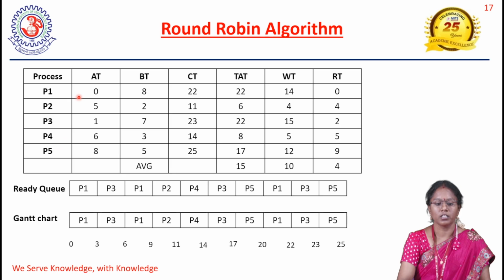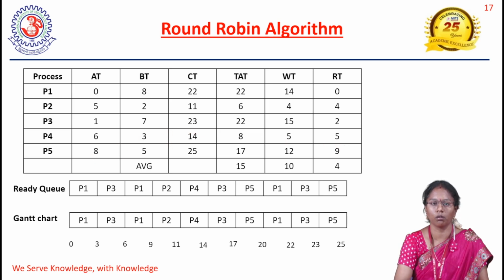P1 arrived at 0, and at the same time 0, P1 got responded to by the CPU, meaning it was given a chance to execute. So the response time is 0. Now P2 has arrived at 5, but it was responded to at 9. So 9 minus 5 is 4. Like this we have to calculate the response time for all the processes.